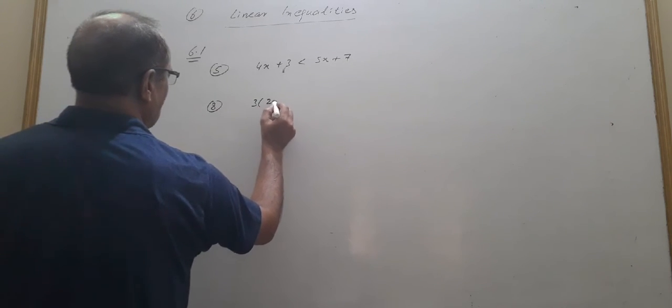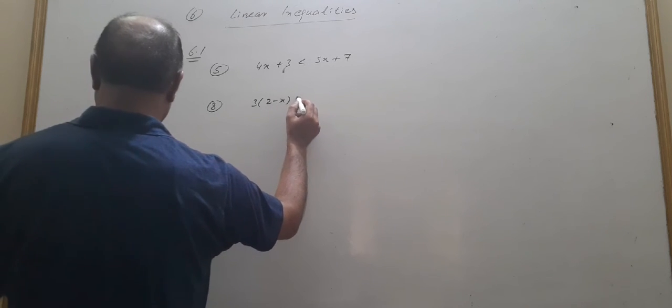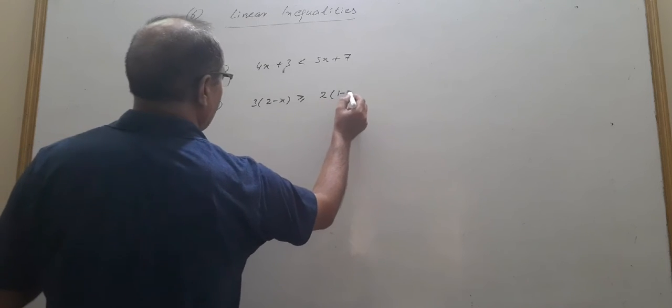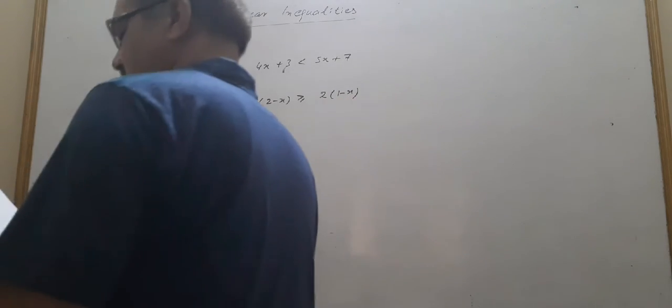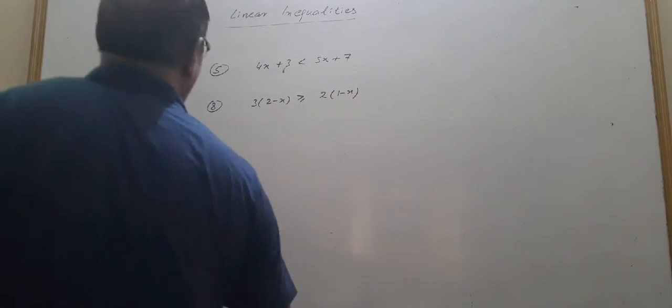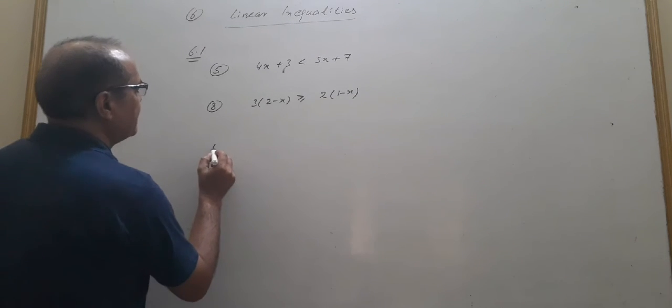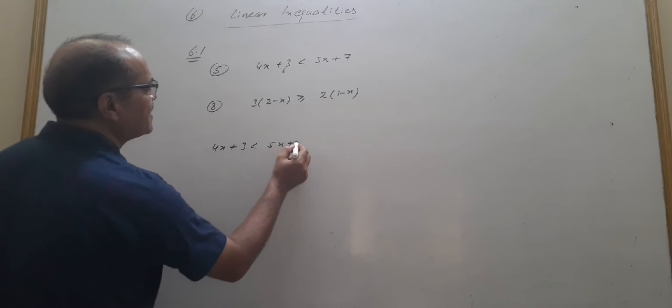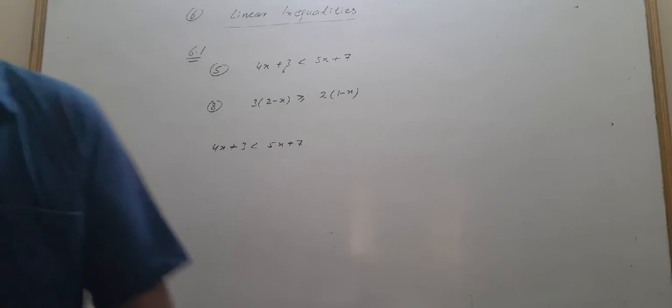That is 3 times of 2 minus x is greater than equal to 2 times of 1 minus x. Now how to solve this? In question number 5, that is 4x plus 3 is less than 5x plus 7.